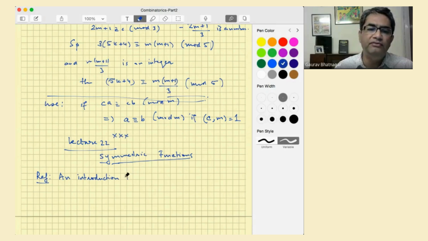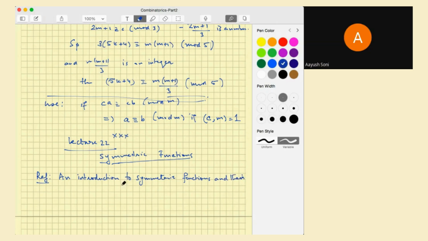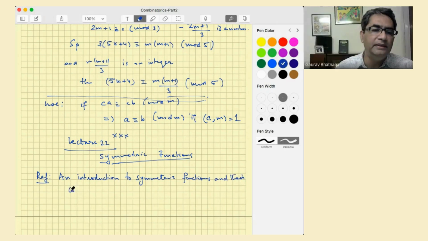Introduction to Symmetric Functions and Their Combinatorics by Eric Egge, and it's an AMS Student Library book.